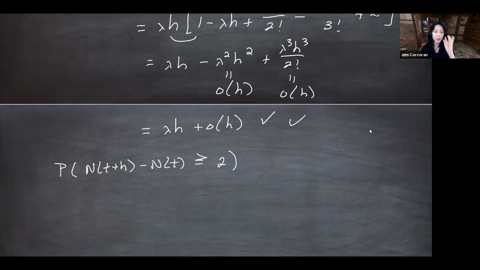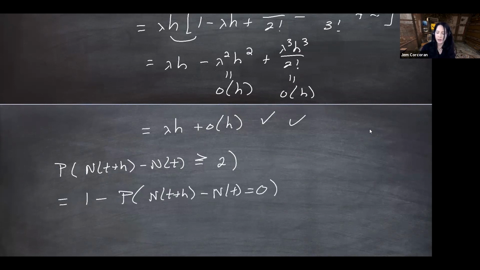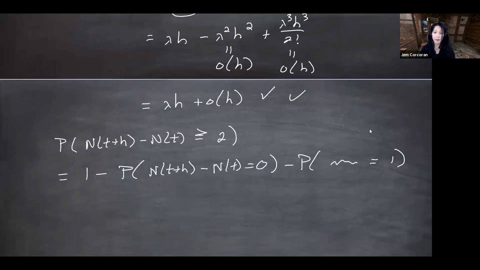So assuming our original Poisson process definition, this is the probability, I want to say it's 1 minus the probability of seeing it exactly 0 or exactly 1. This is 1 minus the probability N(t+h) minus N(t) is 0, minus the probability the same thing is 1. Now we're assuming definition 1 holds.